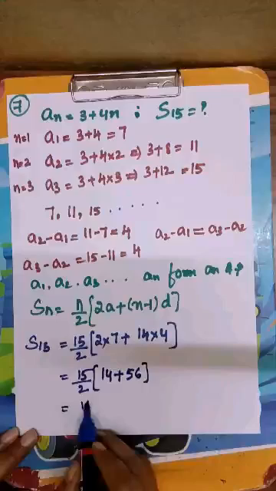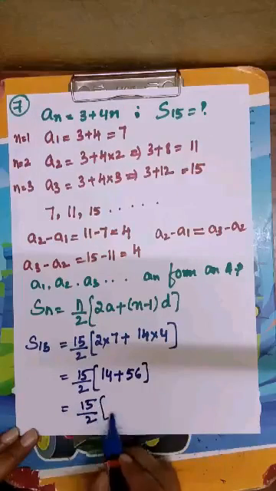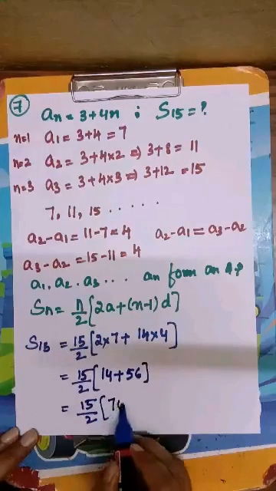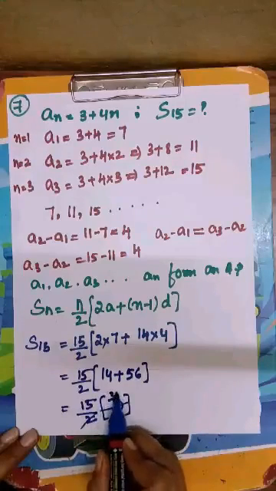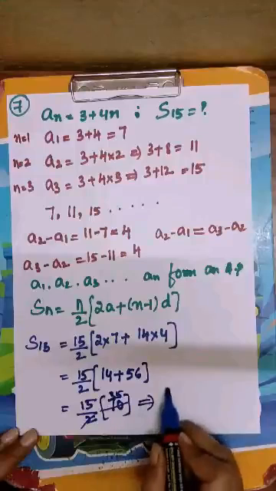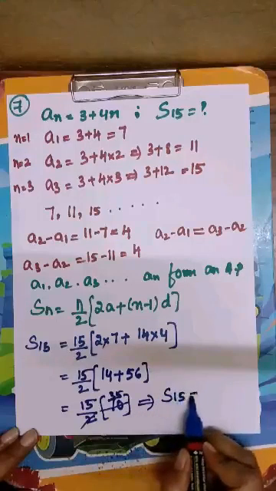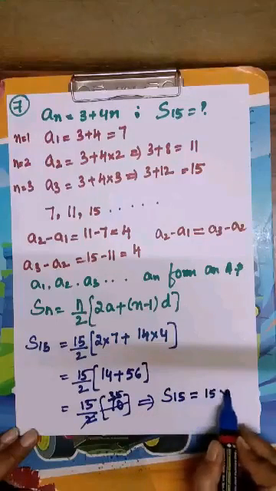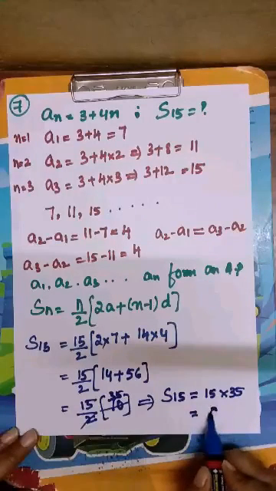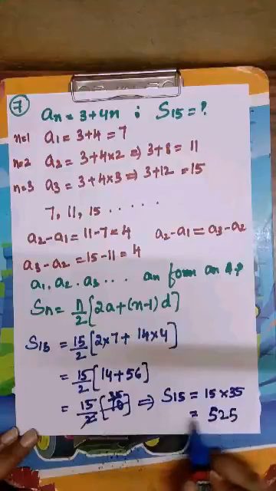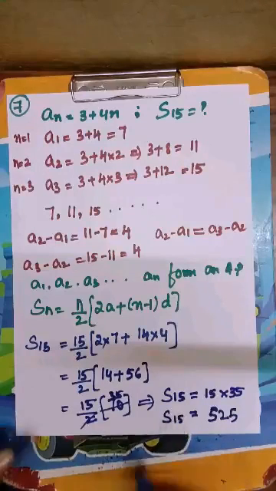Add this: 15 by 2 into 70. 2 1s are 2, 2 3s are 6, 2 5s are 10. That implies S15 is equal to 15 into 35. When you multiply this, you will get the answer 525. So S15 is equal to 525.